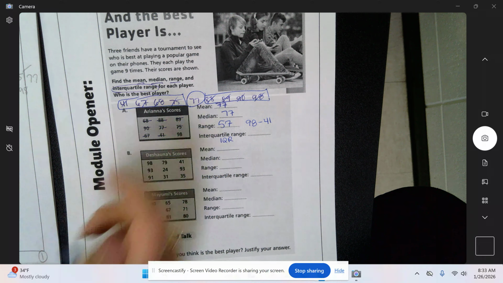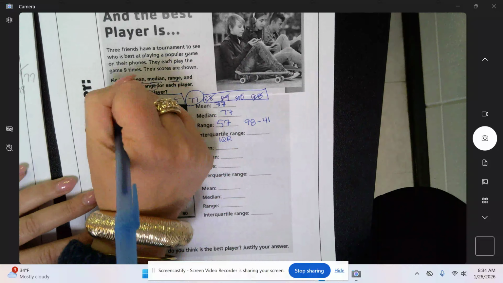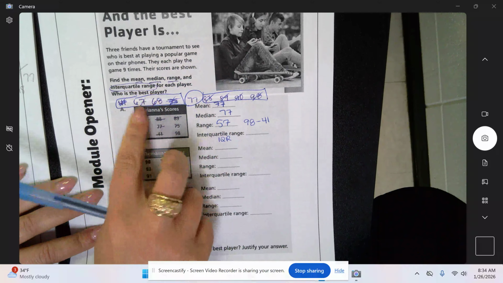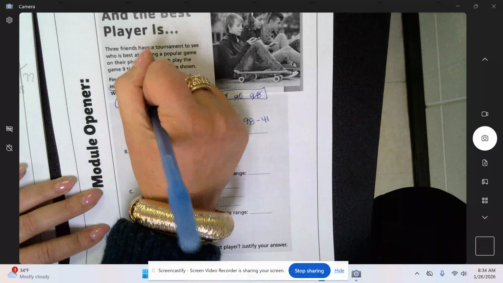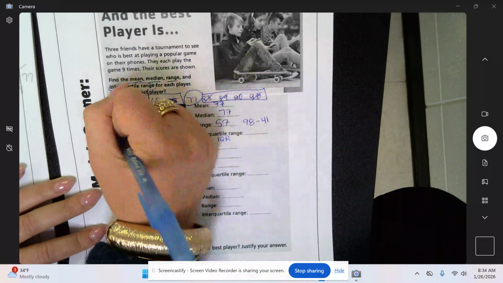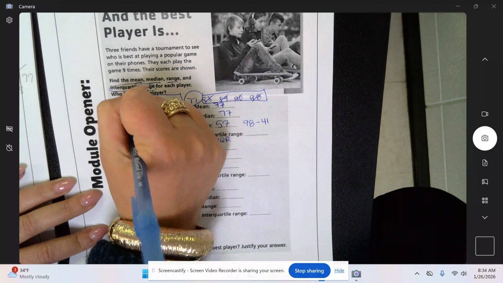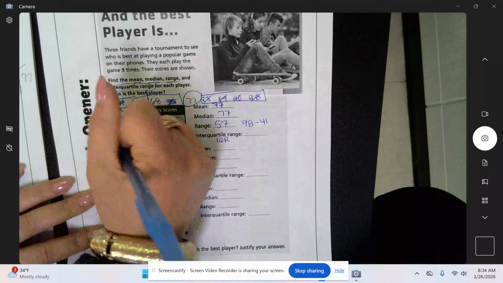Now we have to find, well, what's the middle of the lower half? When you go back and forth, this is where we end up with the two numbers. We want to find what's between those two numbers. So 67 plus 68 divided by 2 gives me 67 and a half.